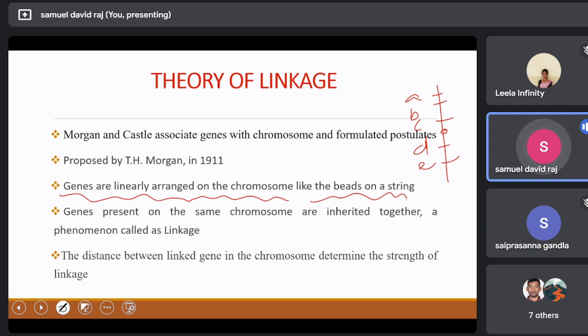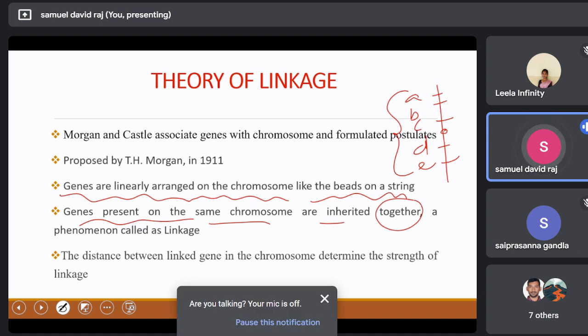The beads are linearly arranged on the string. Likewise, if we compare the chromosome with a string, the genes can be compared with the beads, according to Morgan. Next, they also said that genes present on the same chromosome are inherited together.